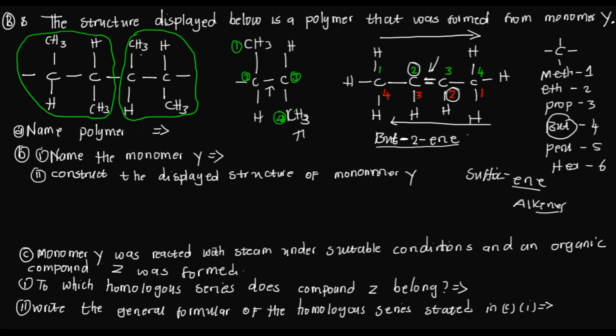Now, in order to come up with the name of the polymer, you just add the word poly. So our name will be poly. So this is what we were looking for. Then B1, name the monomer Y. We've done that.